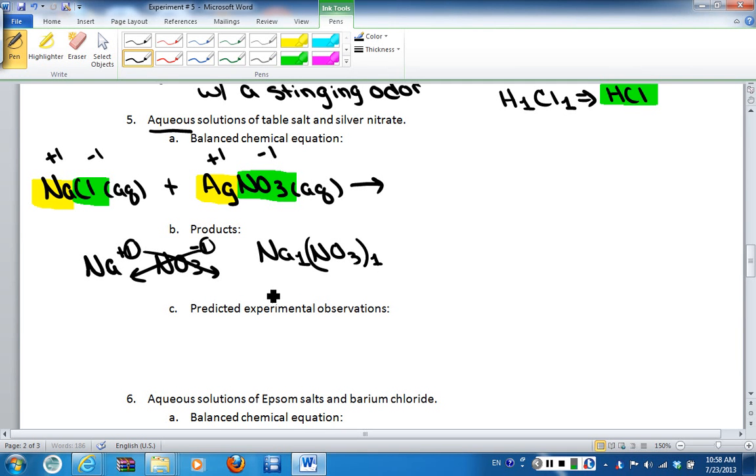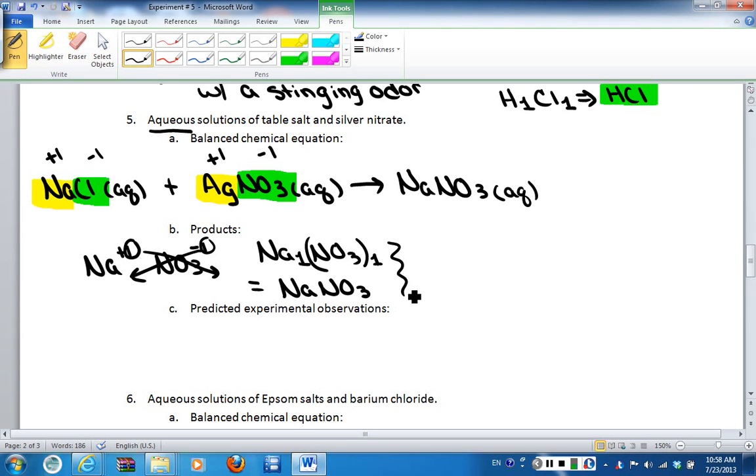So we know this then becomes NaNO3, so sodium nitrate. So we've now predicted one of our products. And if we look at our solubility rules, we see that this is an aqueous compound. It will dissociate in water. So we have one of our compounds done. Now we need to predict the second product.